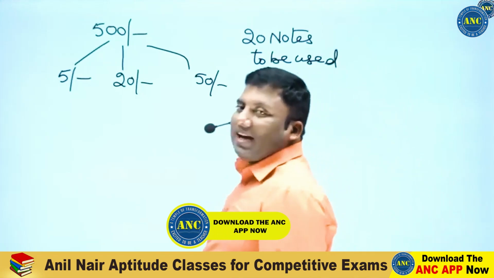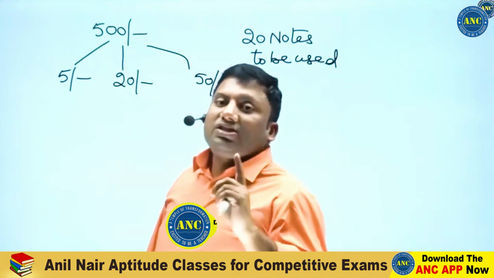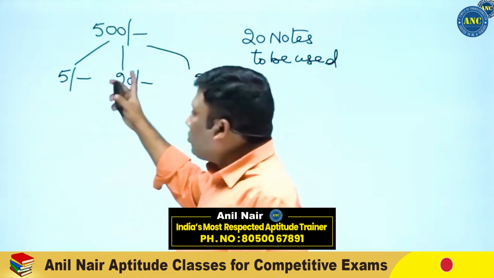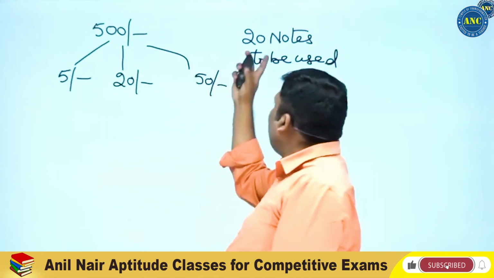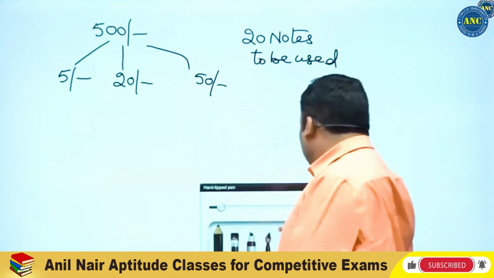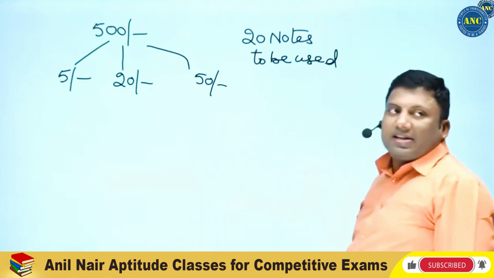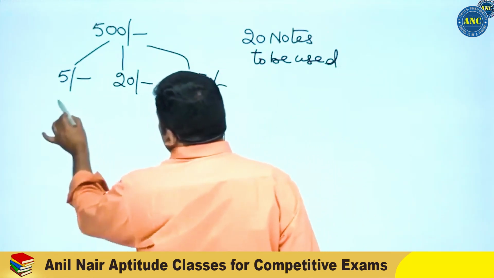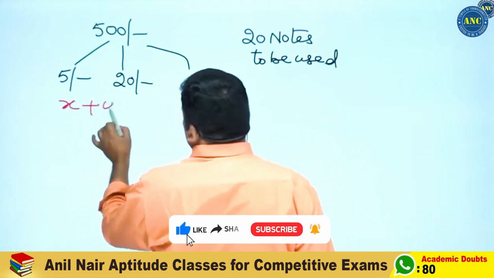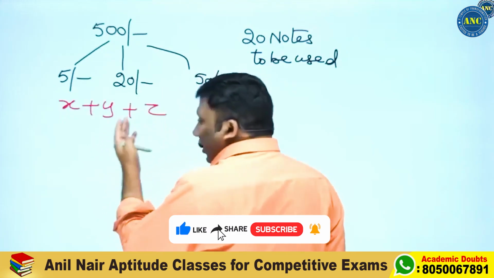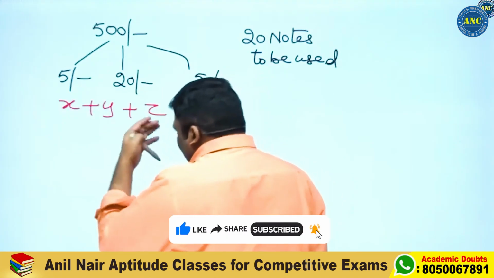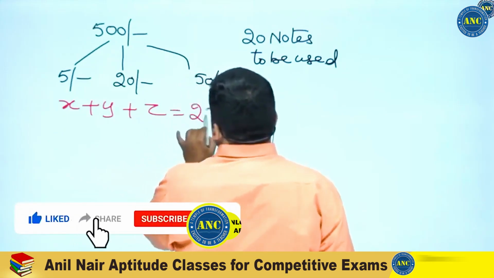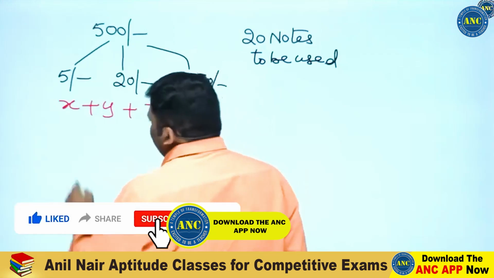In how many ways can I give 500 rupees using currency in the denomination of 5 rupees, 20 rupees and 50 rupees? That too, exactly 20 notes need to be used. Let me take x plus y plus z as the number of notes. 5 rupee notes are x, 20 rupees it is y, 50 rupees it is z. x plus y plus z is 20.